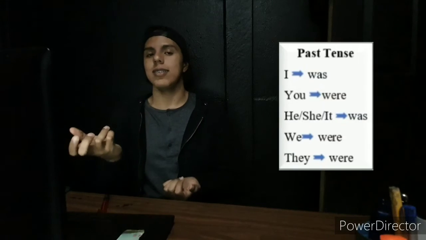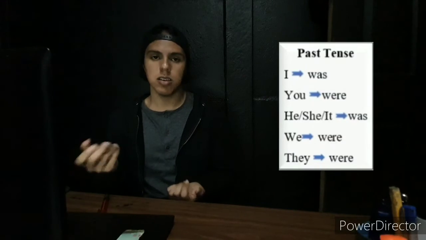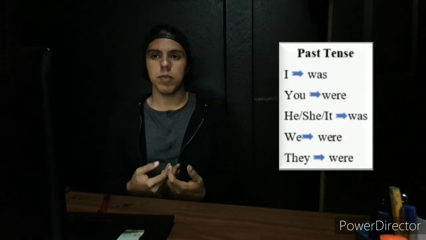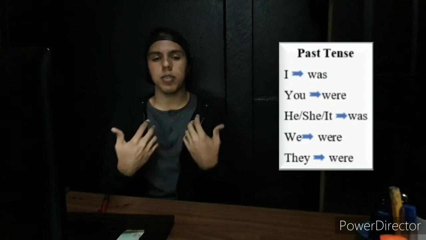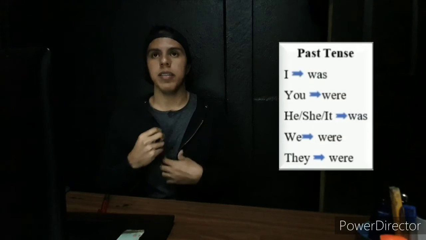She was amazed. We were proud. They were amazed. I believe that using the past form of the verb to be was one of the hardest things when I was learning English, right?